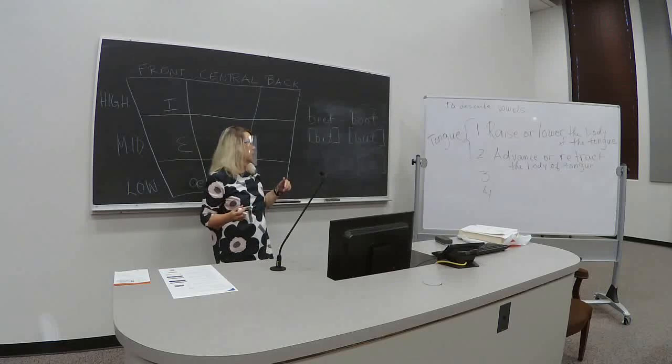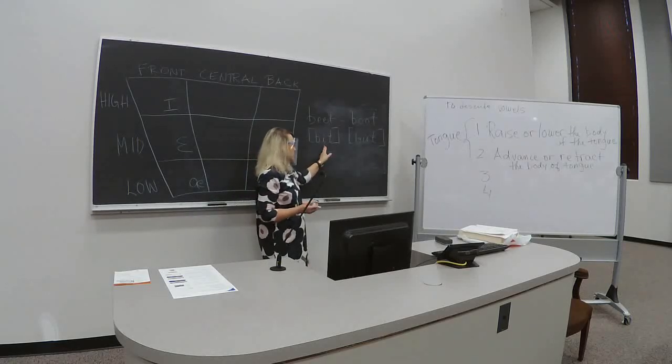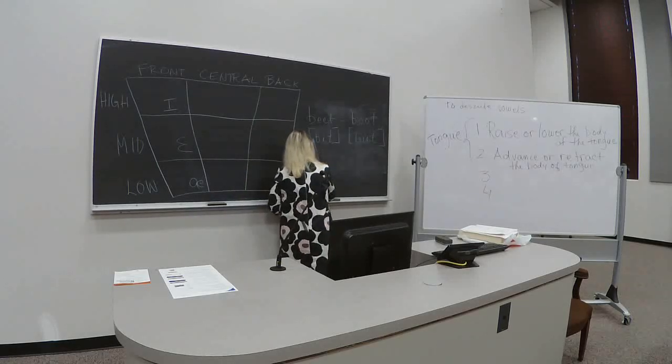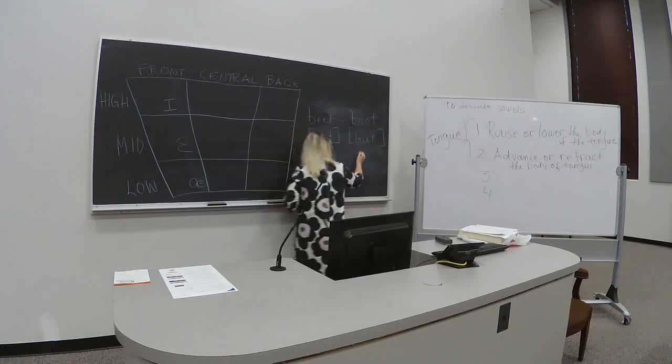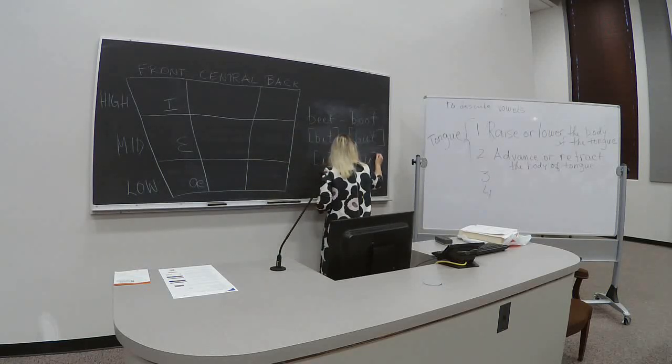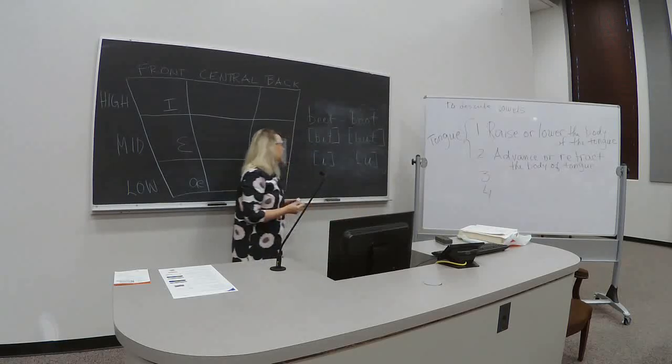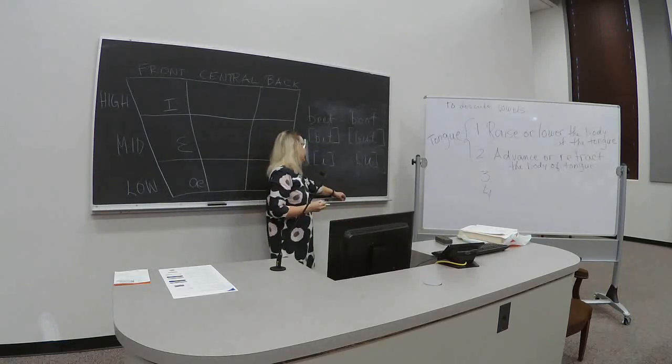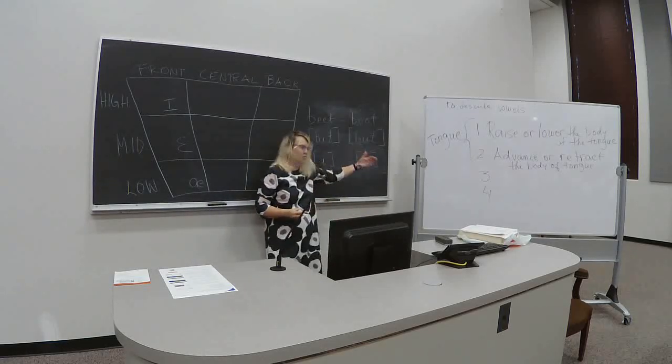So now let's isolate this sound. It's E, and this is U. And forget the fact that for U you also round the lips.